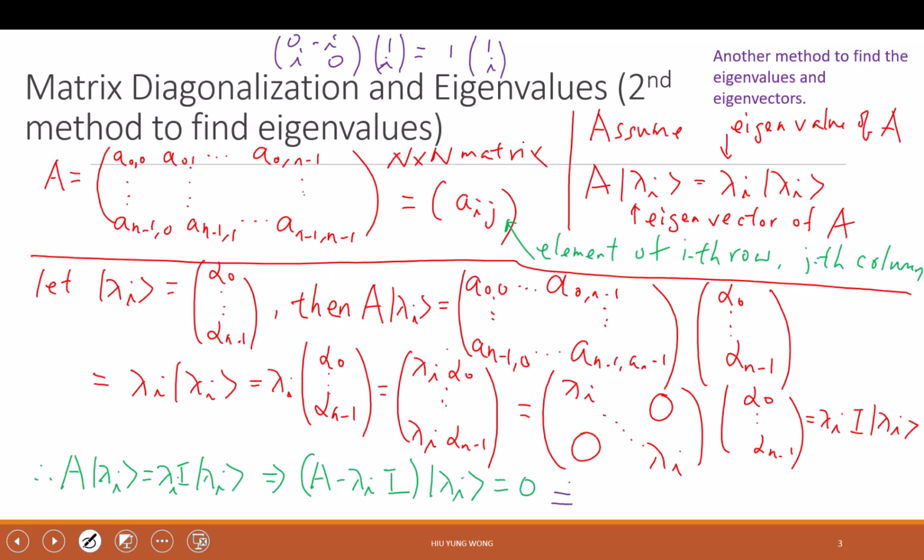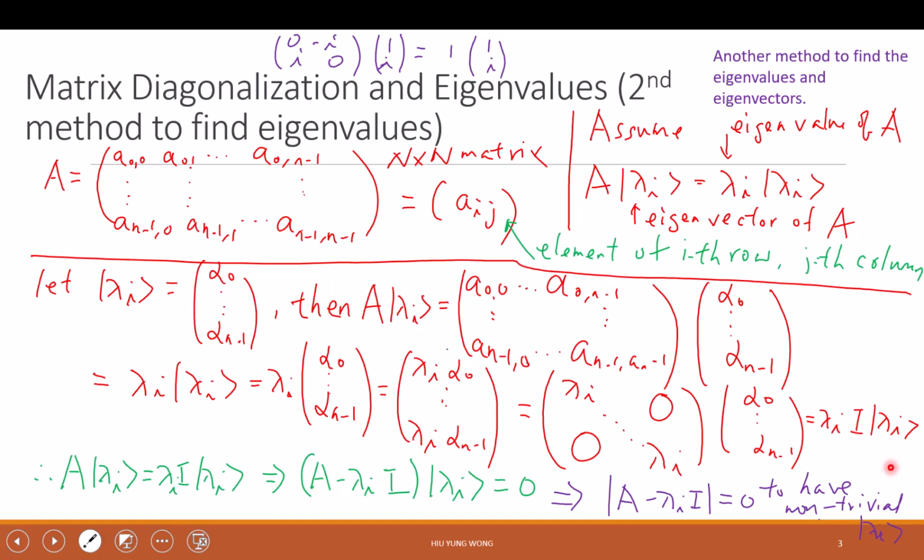This just tells us that the determinant of this matrix needs to be 0 to have a non-trivial solution, or non-trivial lambda I, right? Non-trivial means that it is not equal to the 0 vector, where everything is 0.